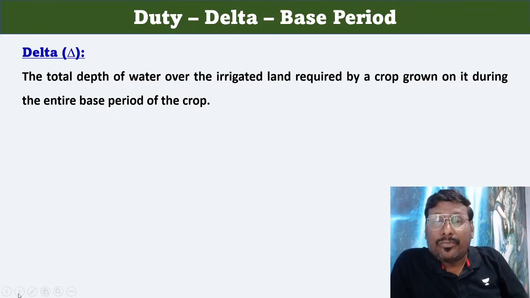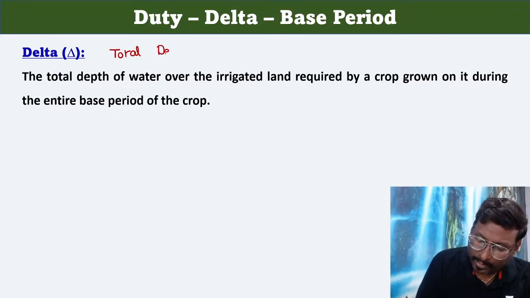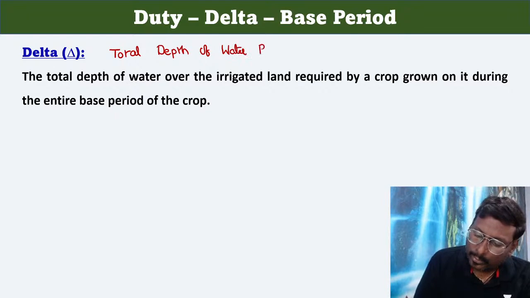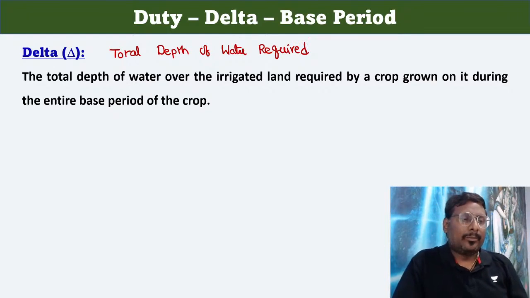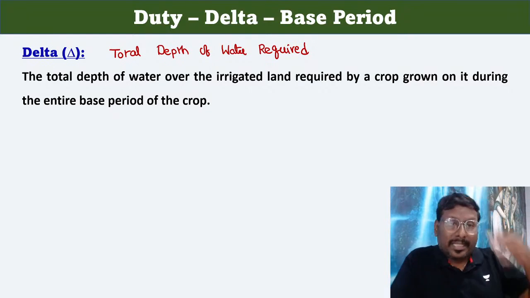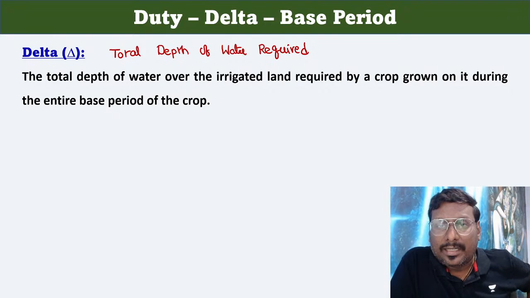In simple terms, for the entire agricultural land throughout the base period, the total depth of water required for irrigation is called delta.